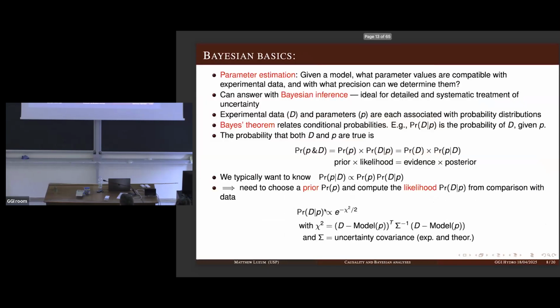My answer is just that I think it's a very good framework for having a very detailed treatment of the uncertainty. You have a lot of information about the uncertainty, about degeneracies. So if I change this parameter, can I accommodate that with other parameters? There's lots of correlations in this.